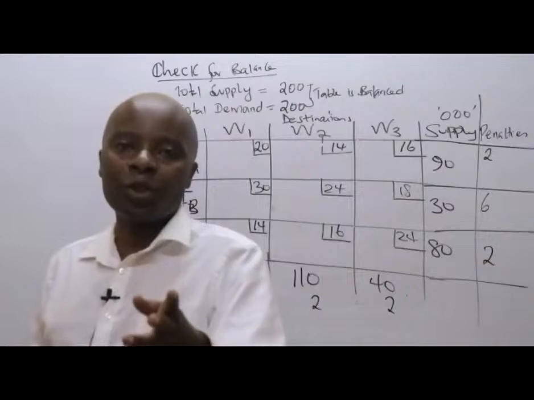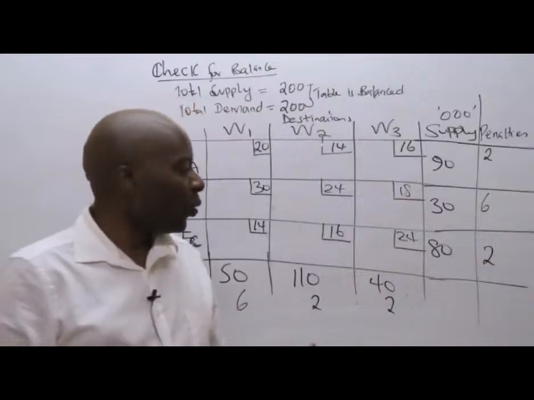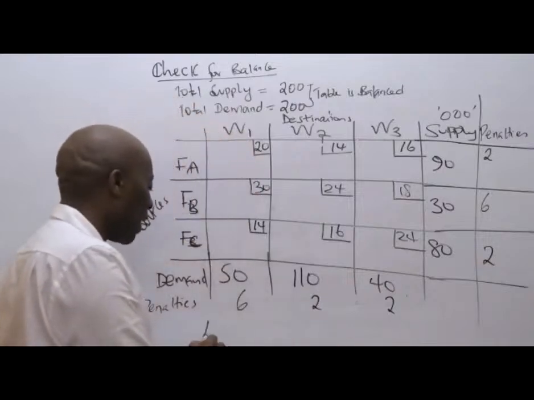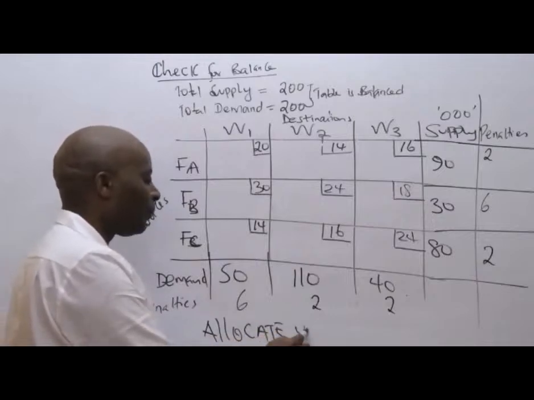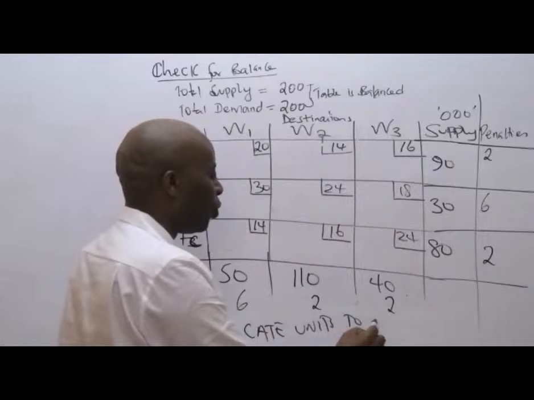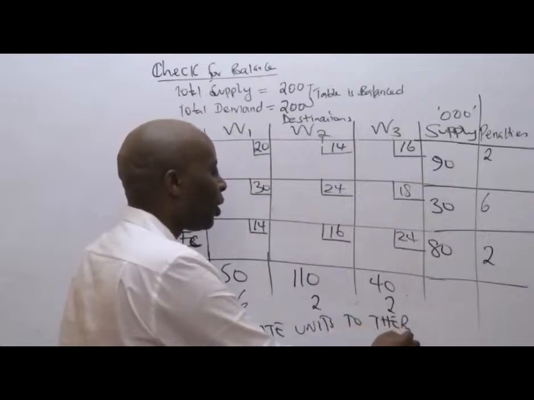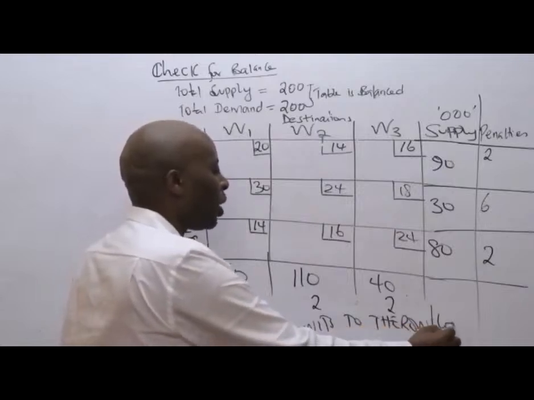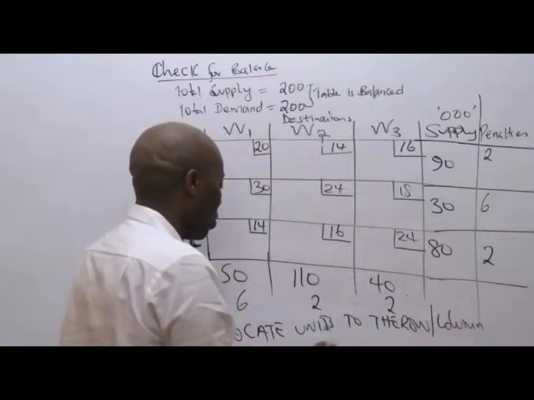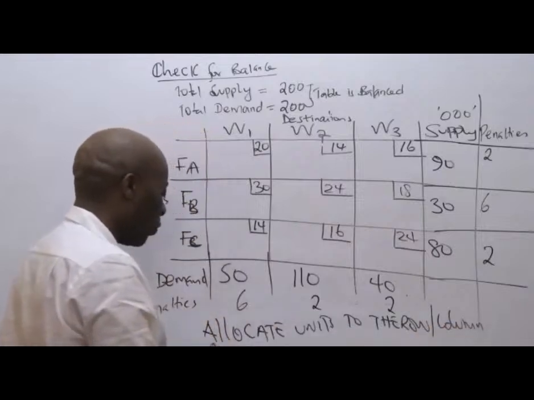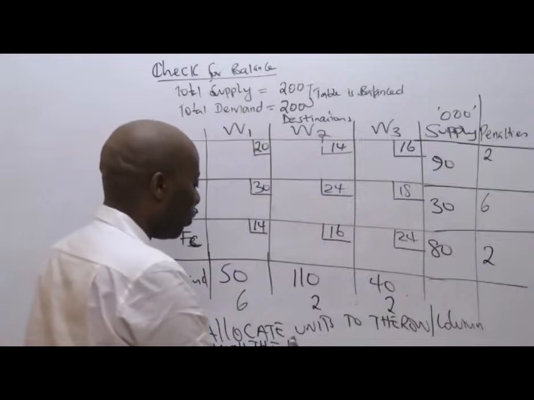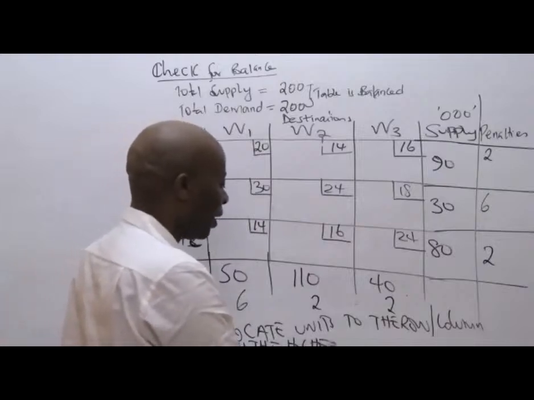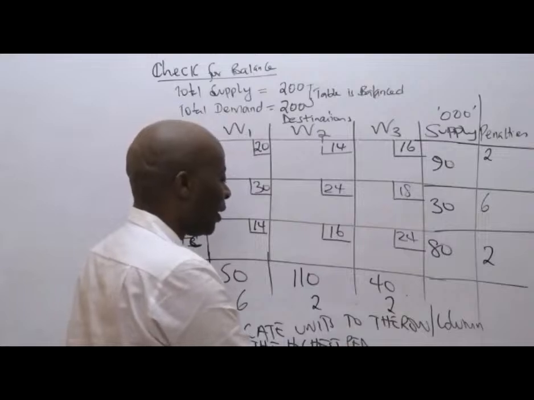To do allocations, we always allocate units to the row or column with the highest penalty.